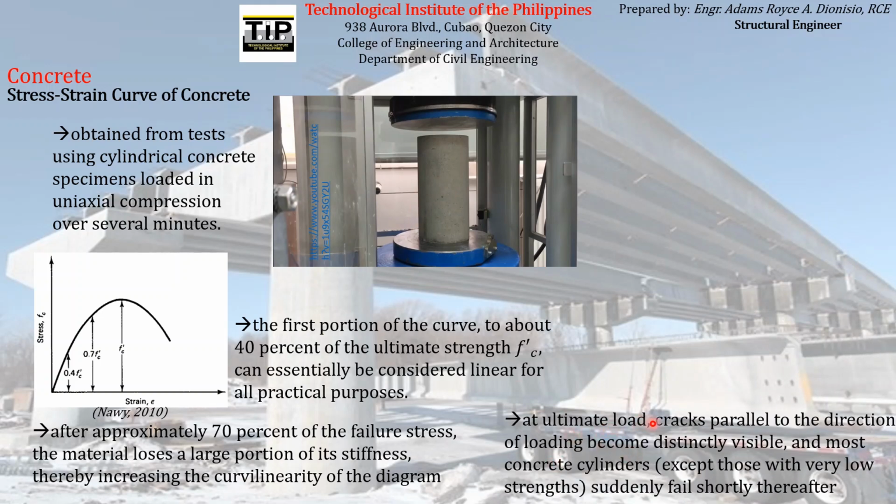At ultimate load, cracks parallel to the direction of loading become distinctively visible, and most concrete cylinders suddenly fail shortly thereafter. So after achieving 0.7 f'c, the concrete attains the maximum compressive strength that it can withstand, which is what we call the f'c.